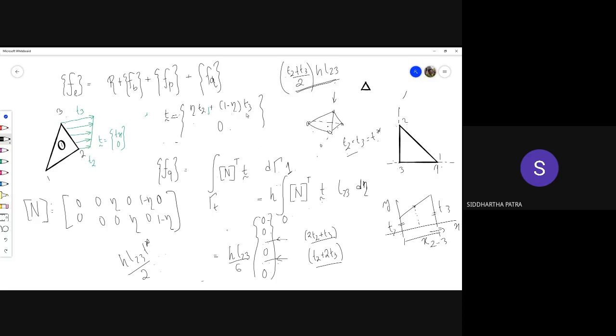Now, instead of applying in x direction, if I were to apply this traction in the y direction, this would look like something like this: 0, and over here eta times t2 plus 1 minus eta times t3. How would the force vector look like?